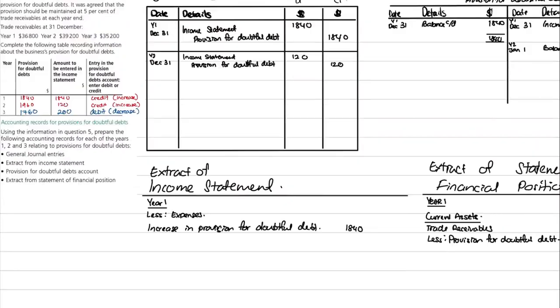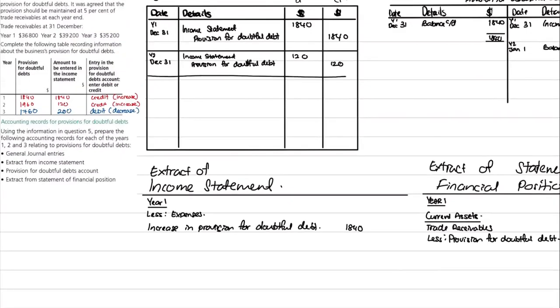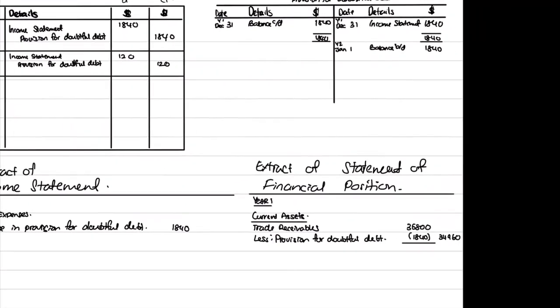Now let's look at year 2. This one's been done. And then for year 2, I need to just put 120 here. Income statement, December 31st, last day, 1,960. Balance carried down first, okay?